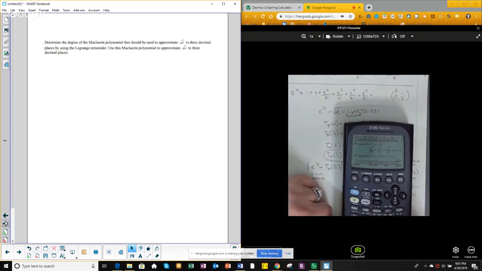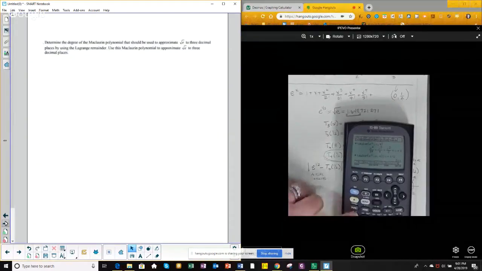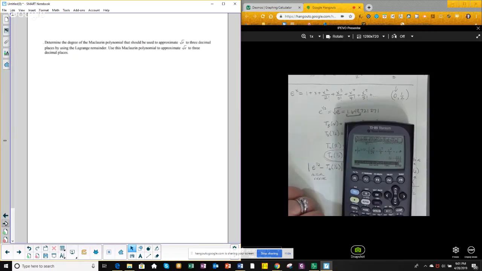And I put my parentheses around this time again to save myself some misery. All right. And I'm going to go such that x equals 1 divided by 2. Press the magic. Oops. I don't want the exact. I want the approximate.